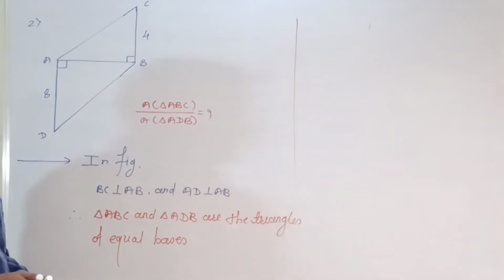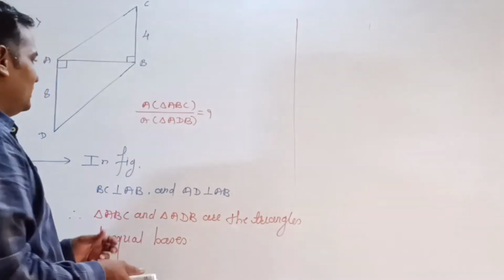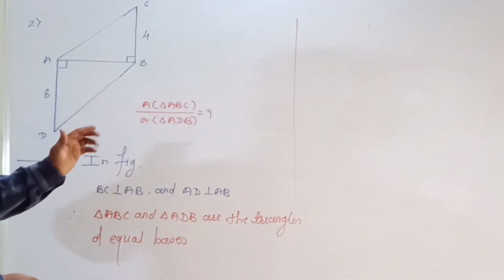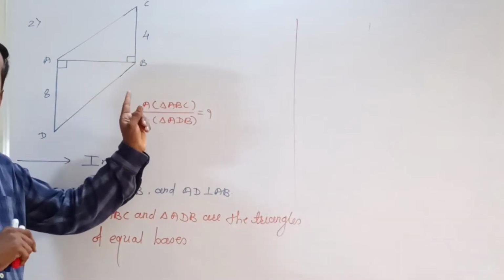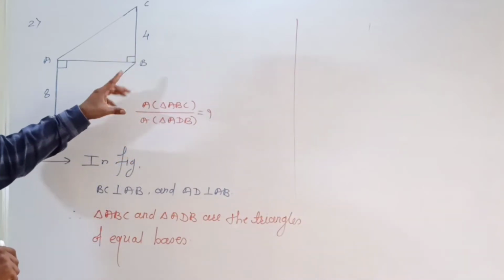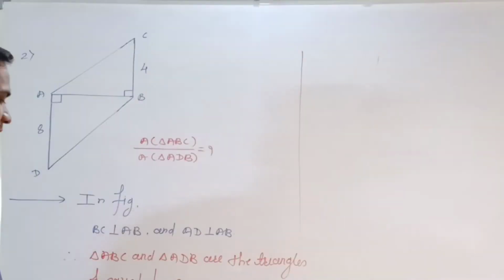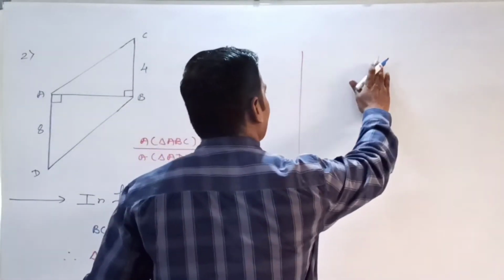Then we know that property. What is the property? If triangles have equal bases, the ratio of the areas of these two triangles will be equal to the ratio of their corresponding heights. So let's write down that property.